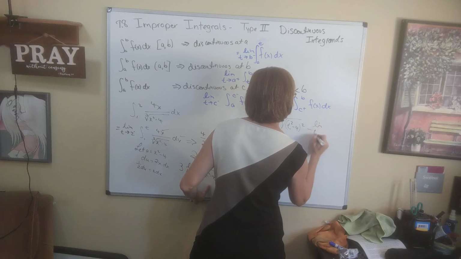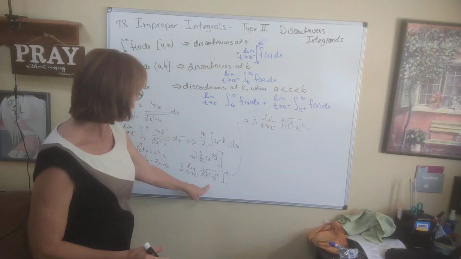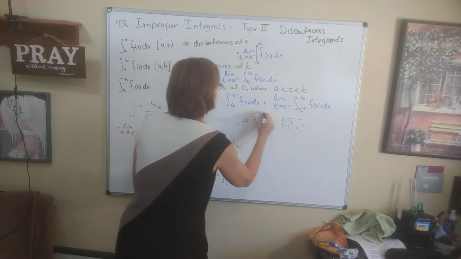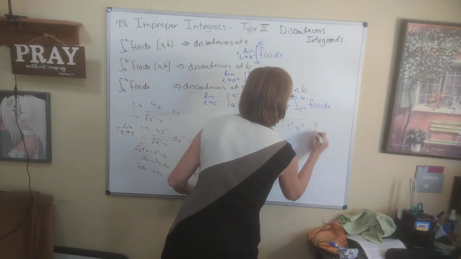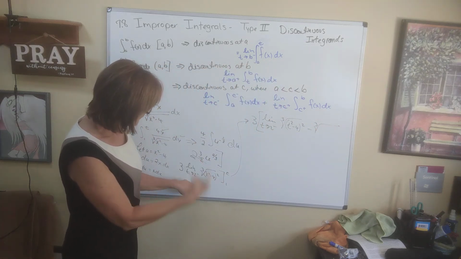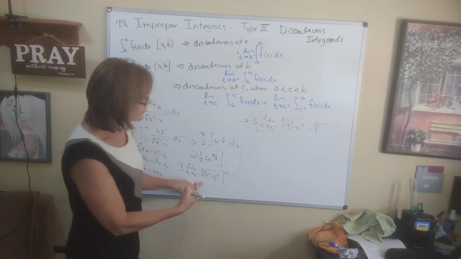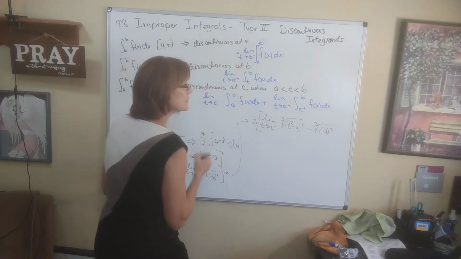I don't need the limit anymore because the t's not involved in that. The 3 will get multiplied to both. The cube root of 1 squared is 1, minus 4 is negative 3, squared.